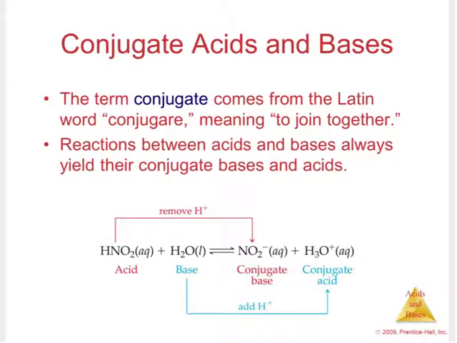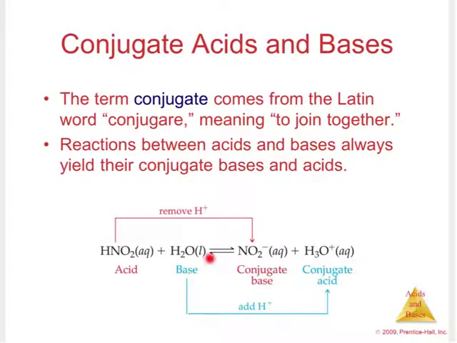Acid-base reactions are always going to result in the formation of conjugate pairs. Here we have nitric acid. It's going to lose its hydrogen ion, and what will be left will be a nitrate ion. And so the species that's formed once the hydrogen ion has been donated from the acid is called its conjugate base. So the nitrate ion is the conjugate base of the acid nitric acid.